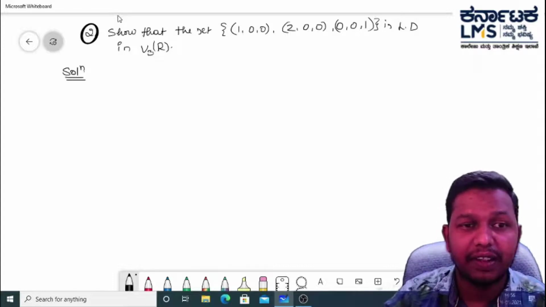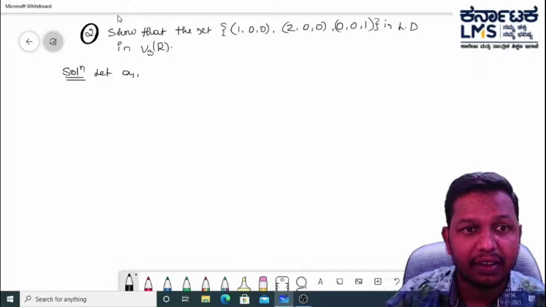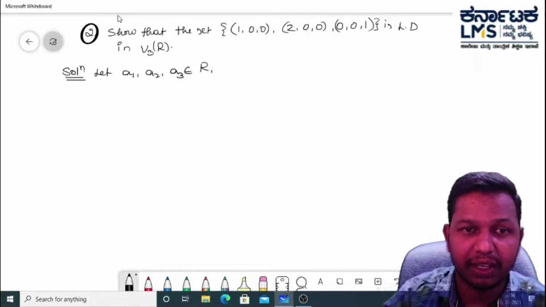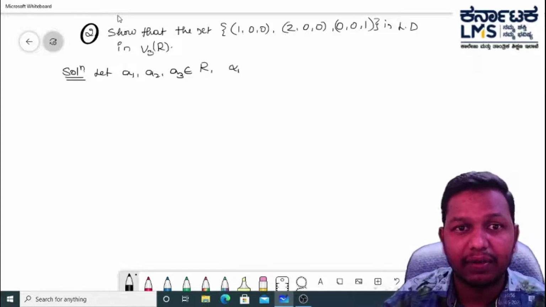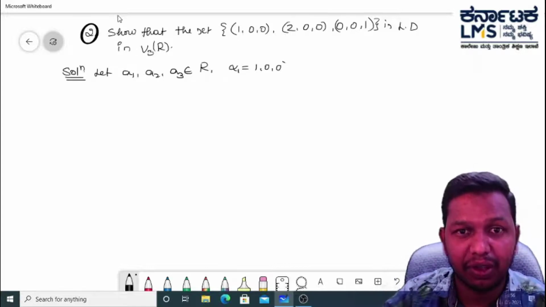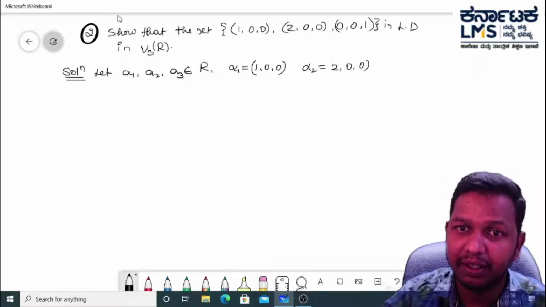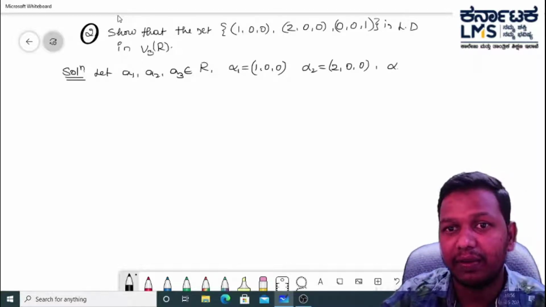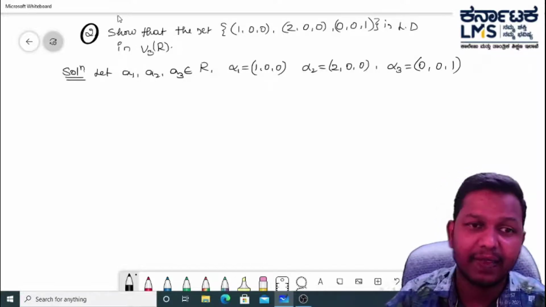So let scalars a1, a2, a3 belong to the real numbers R, and alpha 1 as 1 comma 0 comma 0, alpha 2 as 2 comma 0 comma 0 and alpha 3 as 0 comma 0 comma 1.